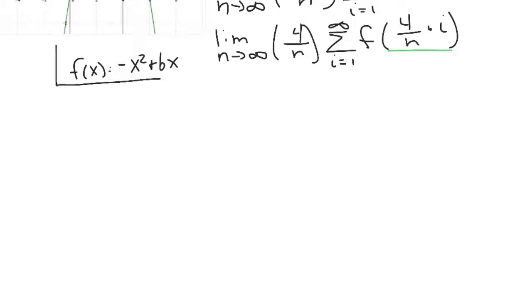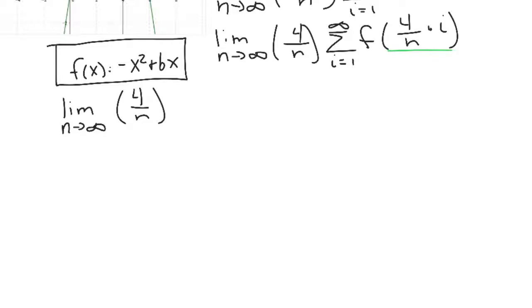I'm going to put that in a box so we don't forget it, because the next step is going to have us say the limit as n approaches infinity of 4 over n times the summation from i equals 1 to infinity, or I'm sorry, not infinity, I gotta change this up above too.